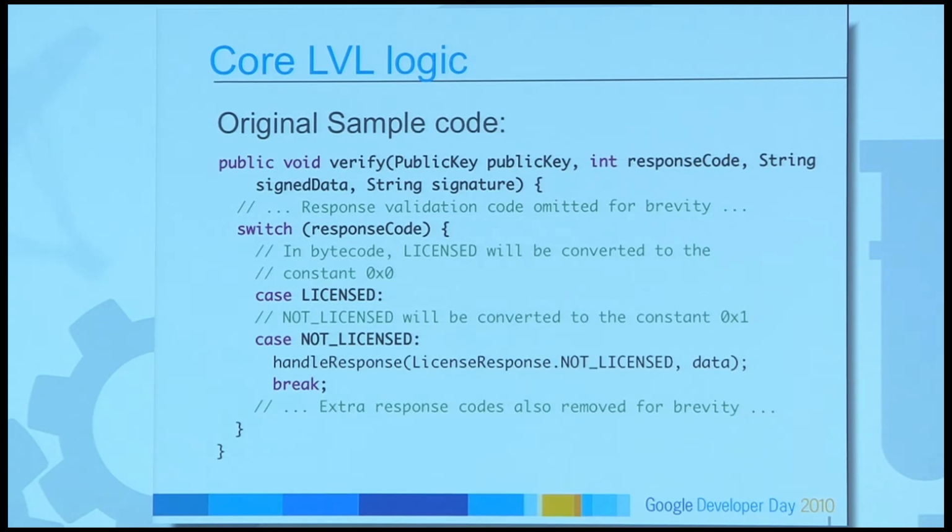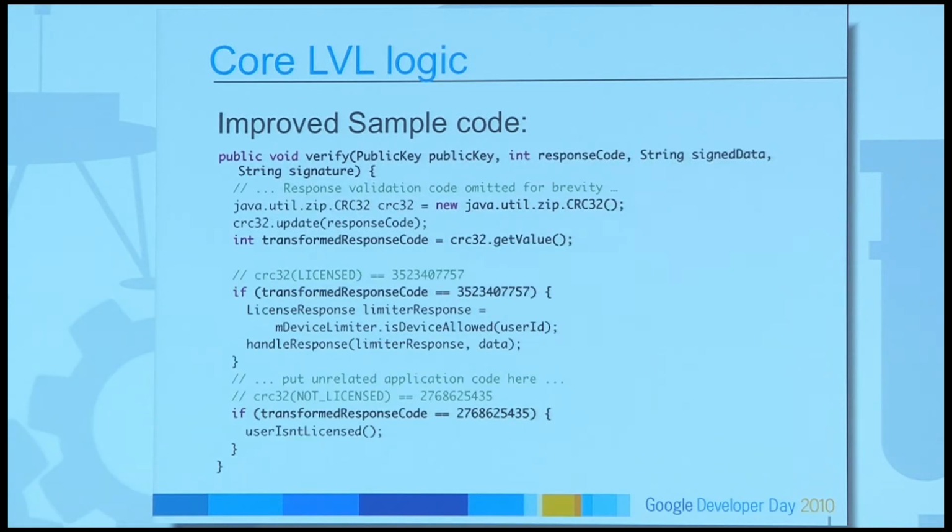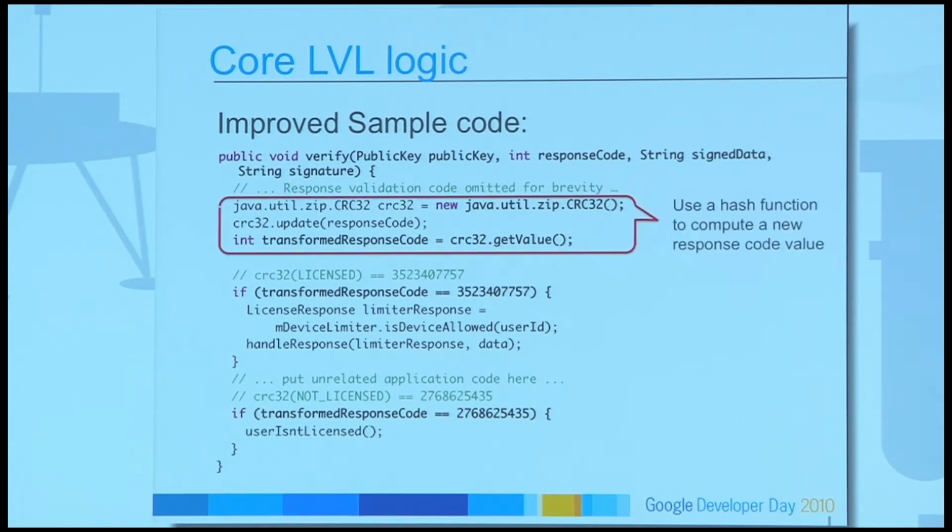Here's a snippet from the original sample code. You can see here we are using the switch statement and also using the response code directly. But let's see how we can improve this sample code. Here's an improved version of the sample code. The first thing I did was add a hash function here to compute a new response code value.